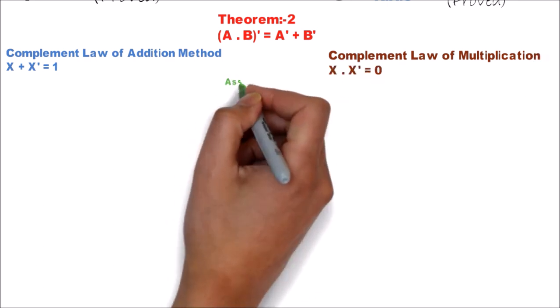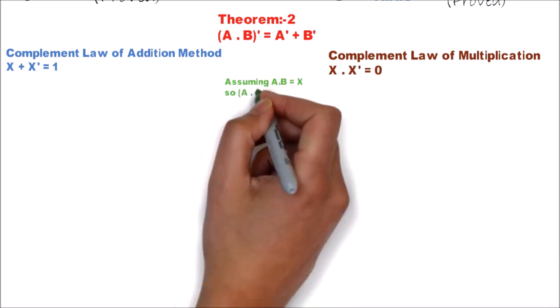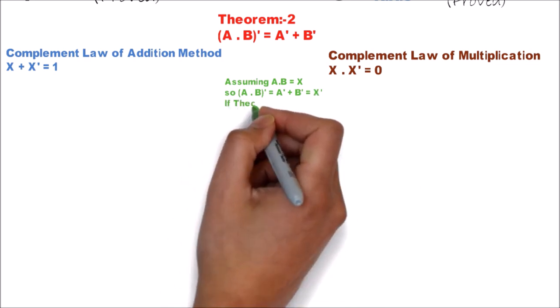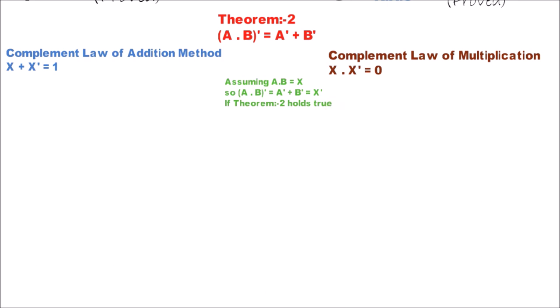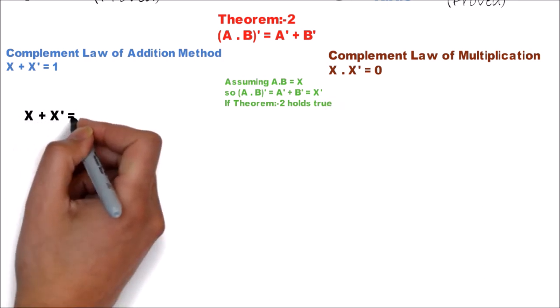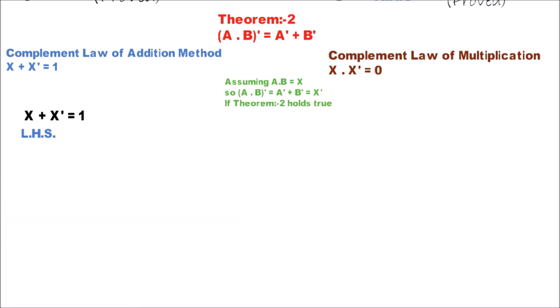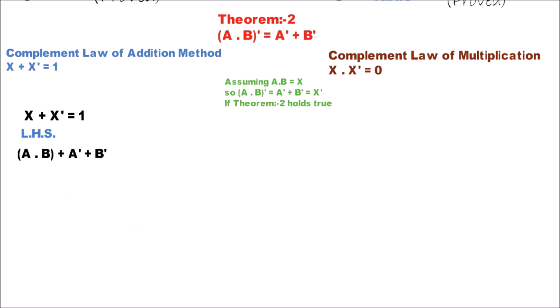Again, assume X is equal to A dot B, then definitely A complement plus B complement will be equal to X bar. Now putting the value of X and X bar on the LHS, we can write A dot B plus (A bar plus B bar).